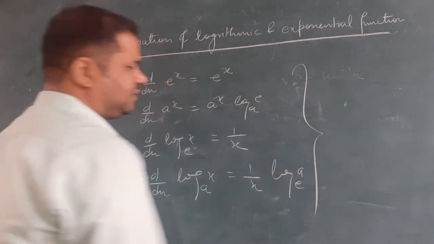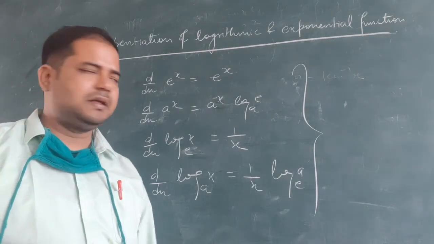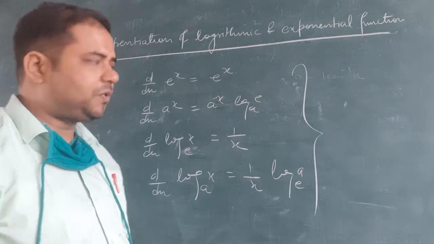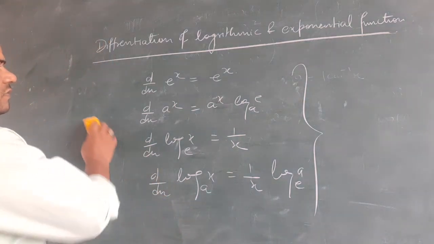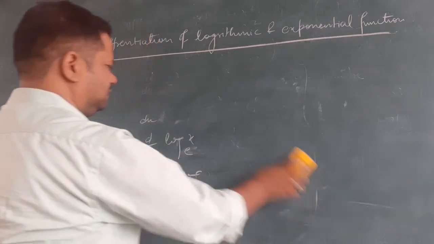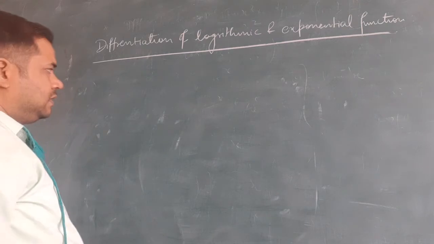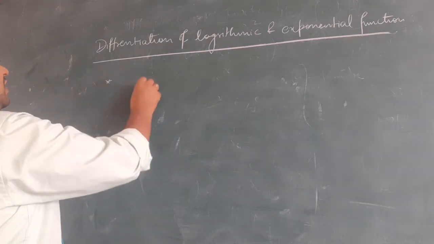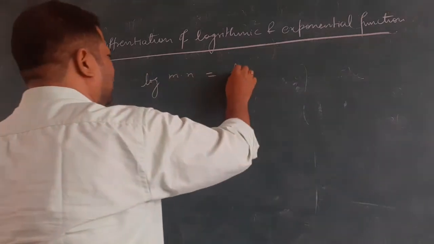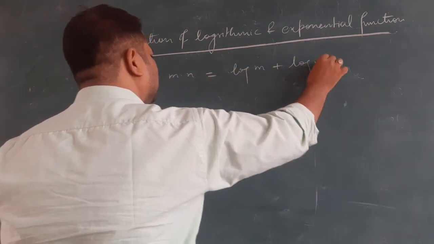So these are the formula for logarithmic and exponential function. Now some properties of log. Log of m into n, this is log of m plus log of n.